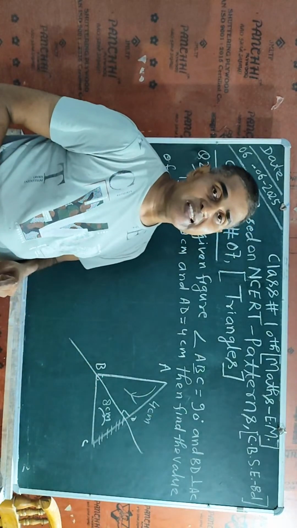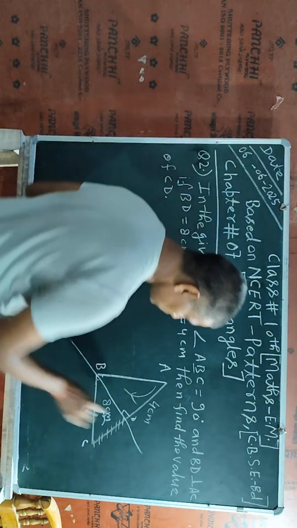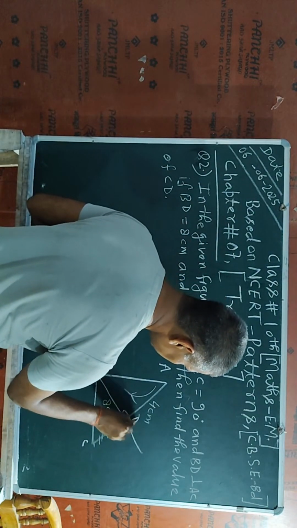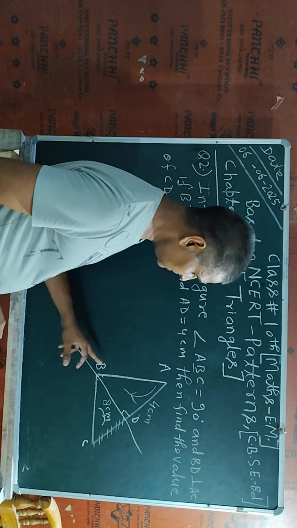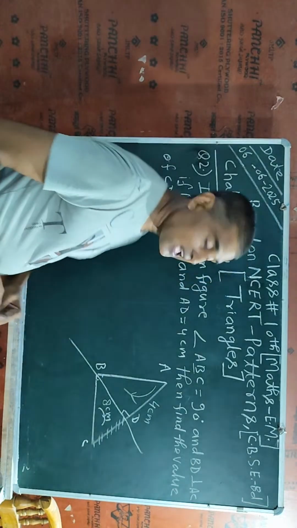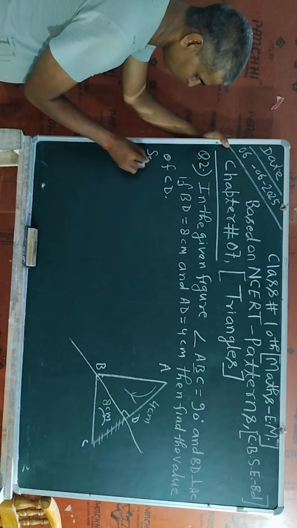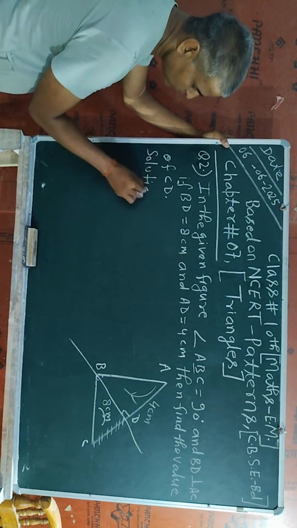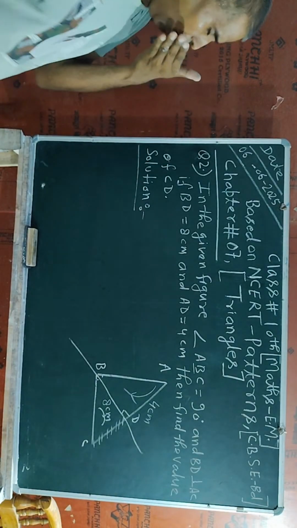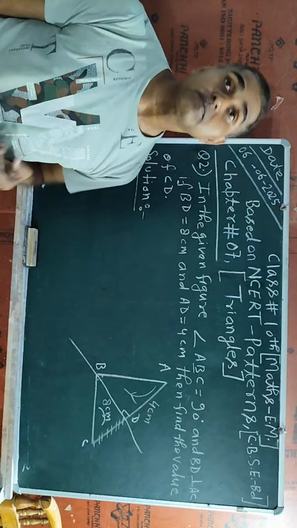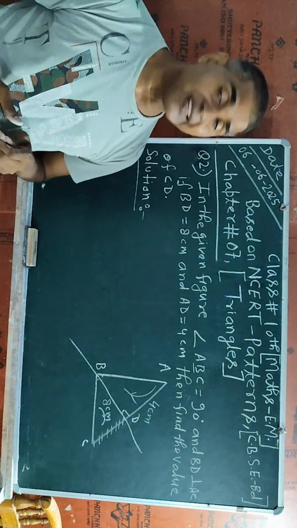So I will say angle similarity criteria. Here I am going to write clearly D. Triangle ADB and triangle BDC both are similar. First of all, I will write this solution. After writing solution, I know there are two concepts for making triangles similar.